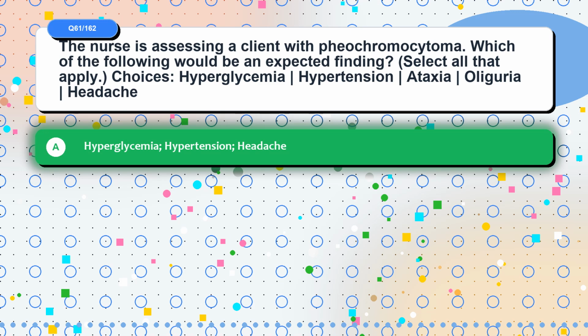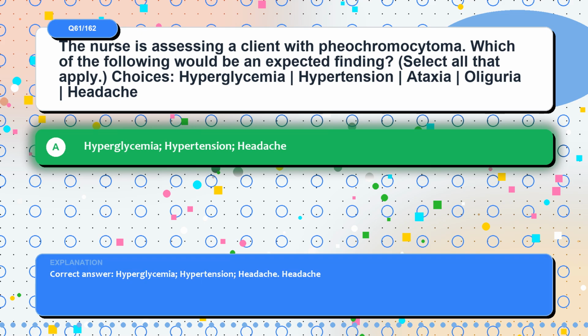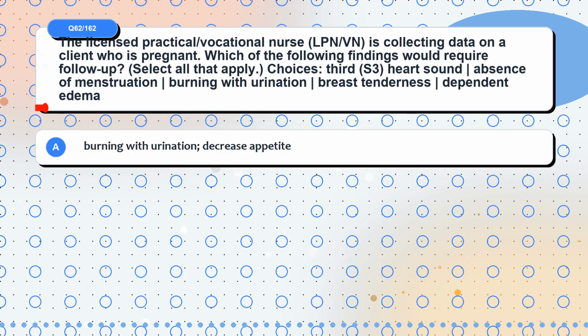The correct answer is option A: hyperglycemia, hypertension, headache.